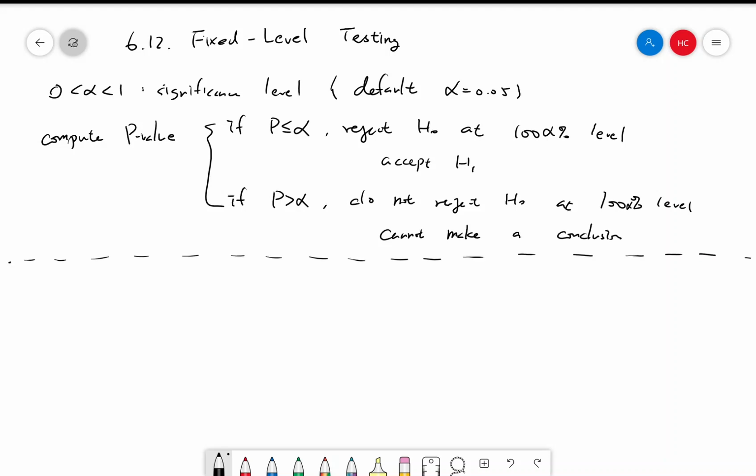Okay, so let's quickly do an example here. Let's consider a sample with sample size 100, sample mean is 53, and sample standard deviation is 20. And we want to do the hypothesis test with mu less than or equal to 50 versus mu greater than 50.